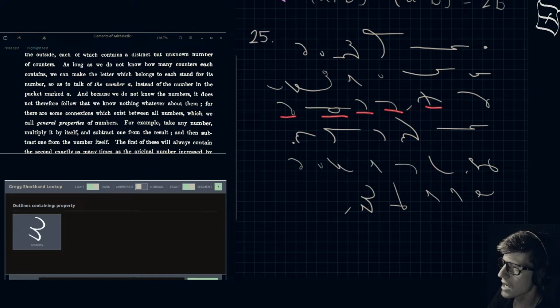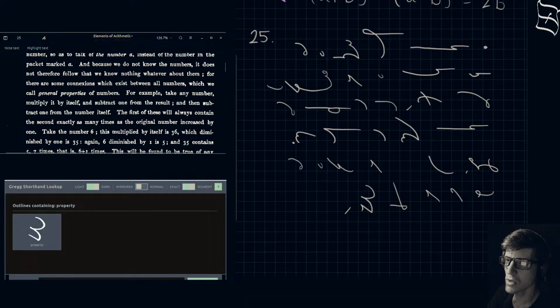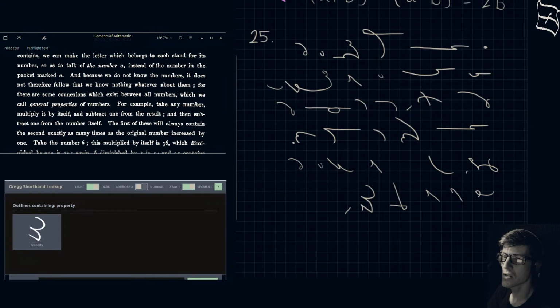Then the name of the number becomes the important considering factor, and it is thought of with respect to its general properties. Okay, so once we have that understanding, we are talking about another interesting concept of numbers.